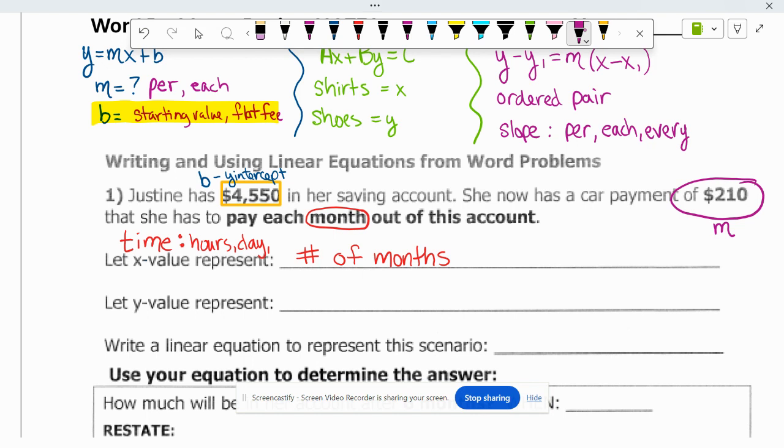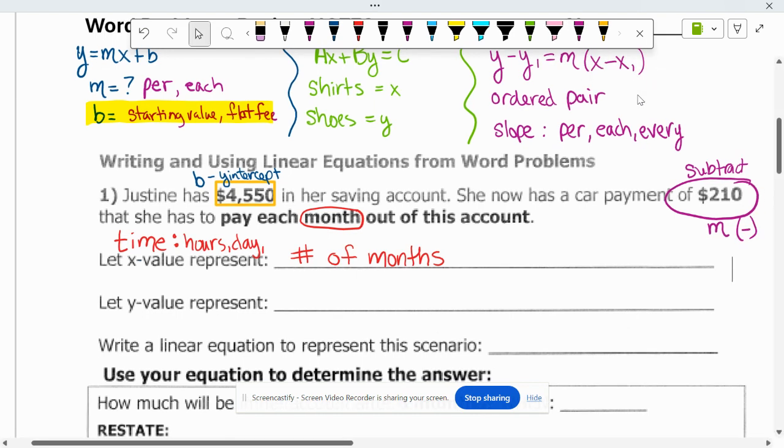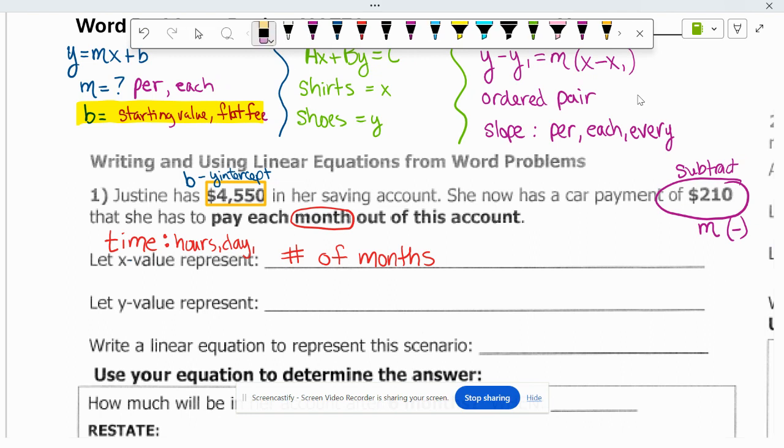Are we going to add that or subtract it? This is a subtraction. So we're subtracting this, meaning that your slope is going to be negative. It says subtract right here. I just want you to know that your slope is negative. You're paying bills. It's not getting added to your account.